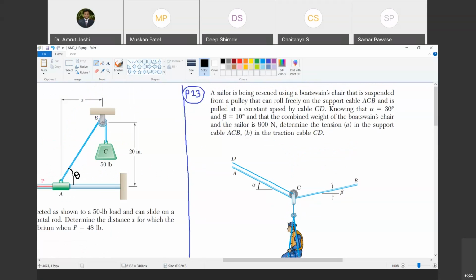Freely का मतलब क्या होता है? Frictionless. Roll freely मतलब frictionless. Are you with me, Madhura? Yes, sir. On support cable ABC, and it is pulled at the constant speed by cable CD. इसका मतलब क्या है?